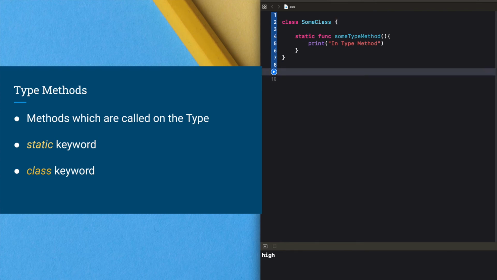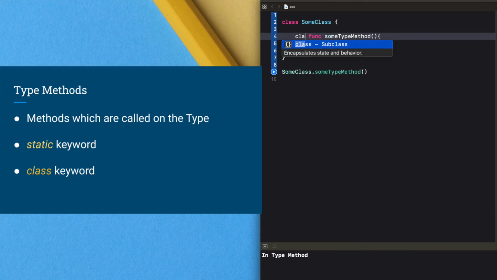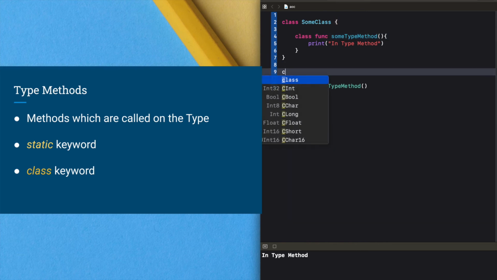To call this method, we use the name of the class with the type method. Okay, also classes can use the class keyword instead of the static keyword to allow subclasses to override the superclass's implementation of that method. So I have another class.